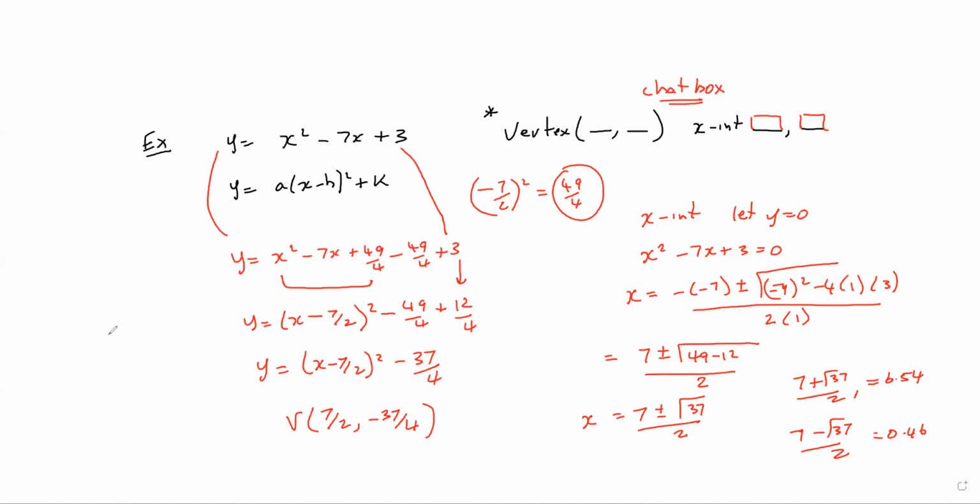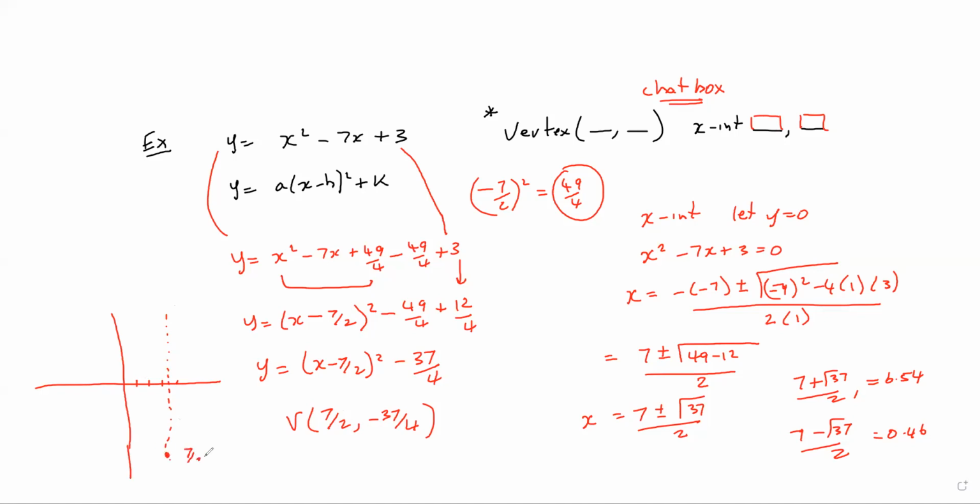So we'll do that quickly here. So vertex 7 on 2. What's that? 3.5. And minus 37 on 4. I'm not sure where that is, but it's down here somewhere.